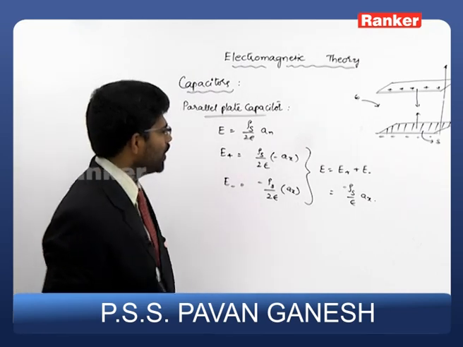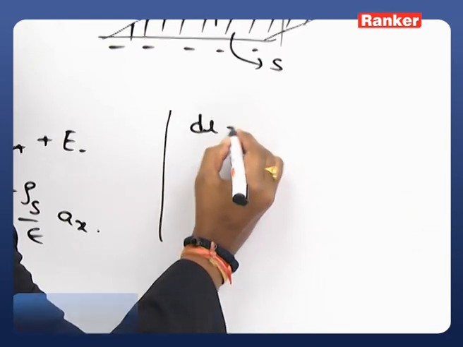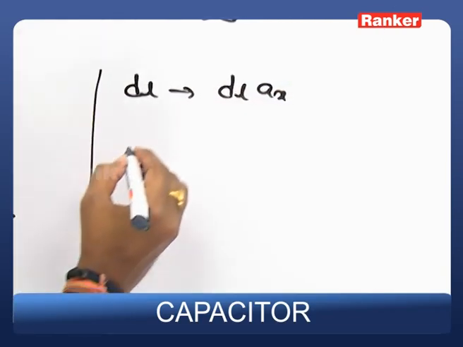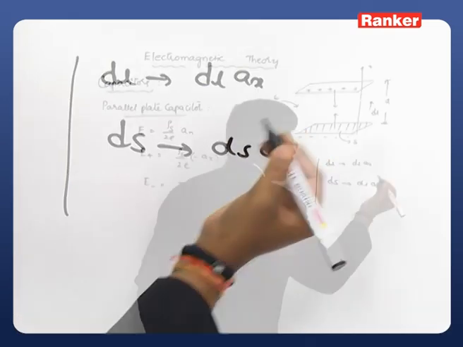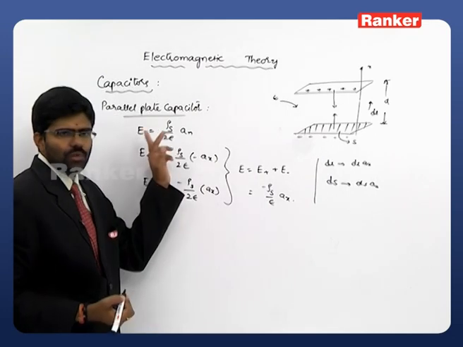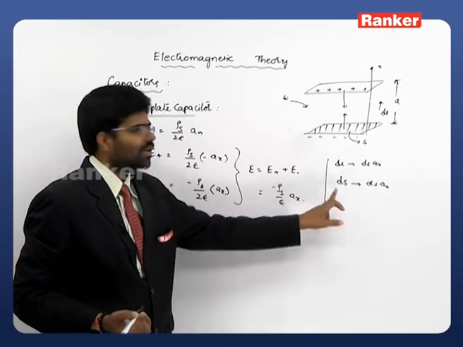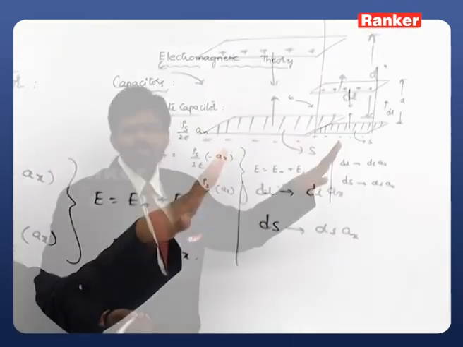I don't want to write down any equation, I'll just mention here that dl is in the direction of x, that is dl ax, and ds is also in the direction of x, that is ds ax. So in the equation we have a dot product between the electric field intensity and dl, and the electric field intensity and ds. So ax dot ax will exist for us.